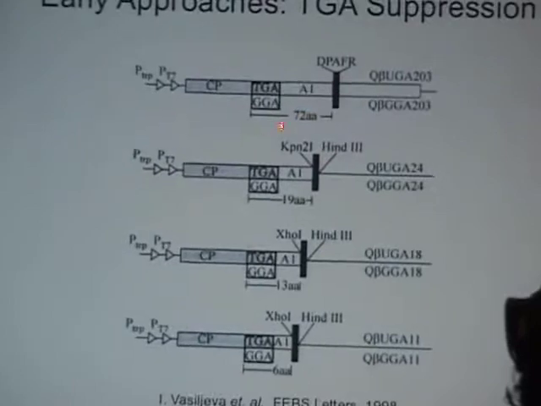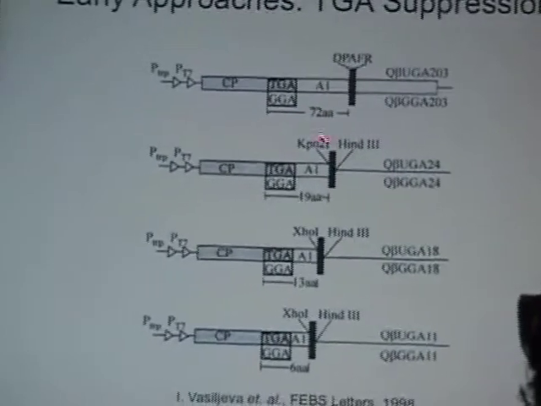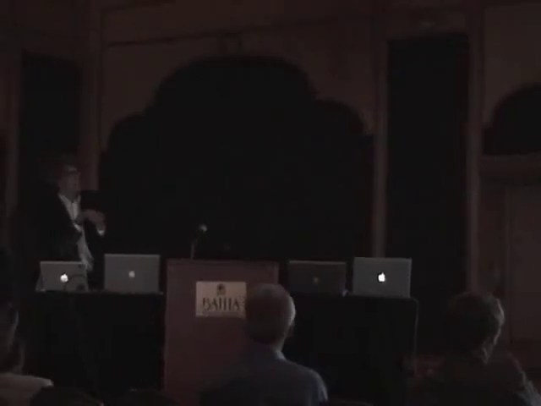And relying on read-through, they were able to get incorporation of these extensions into particles. They also did some experiments just changing this to a glycine, but they didn't really carry it forward. All their subsequent follow-up papers used the unnatural amino acids and scripts, use the TGA suppression methodology.